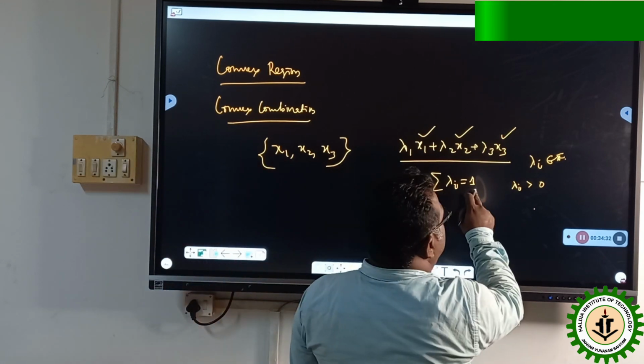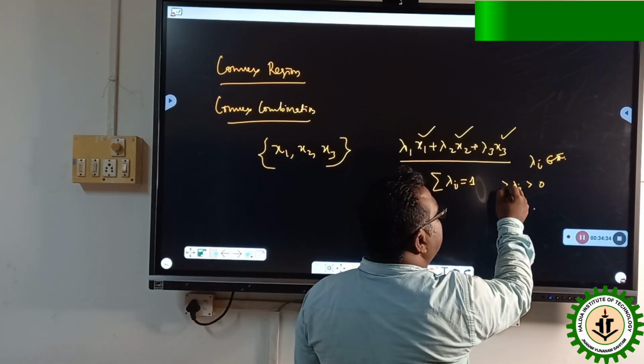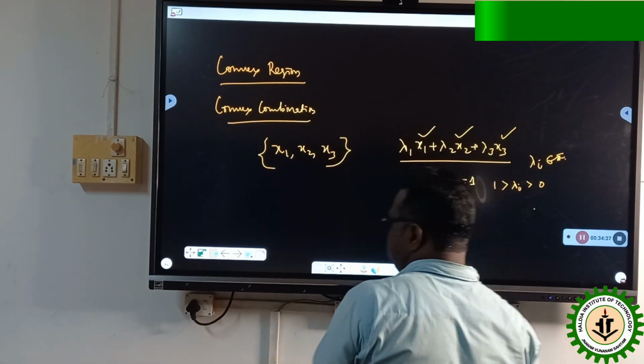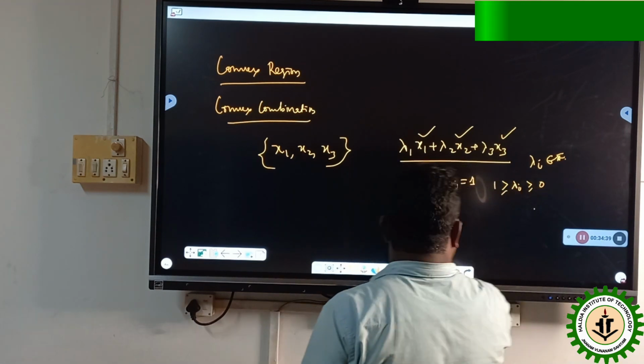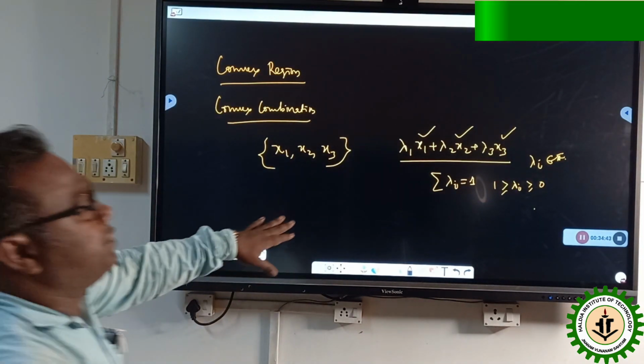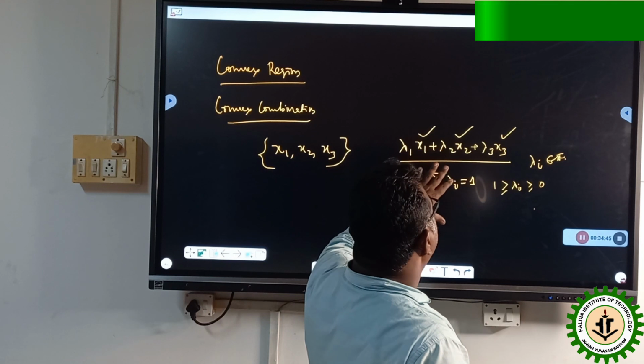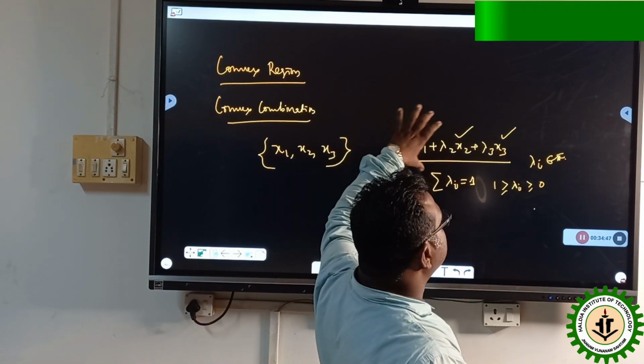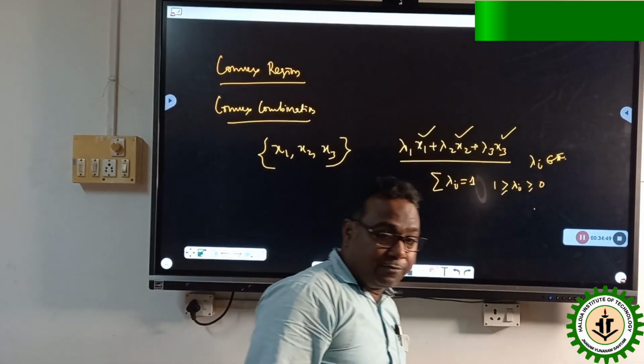So obviously, as the summation equals 1, you can say that this is less than or equal to 1 also. So let us take the equality. So if this happens, then only this linear combination is called a convex combination.